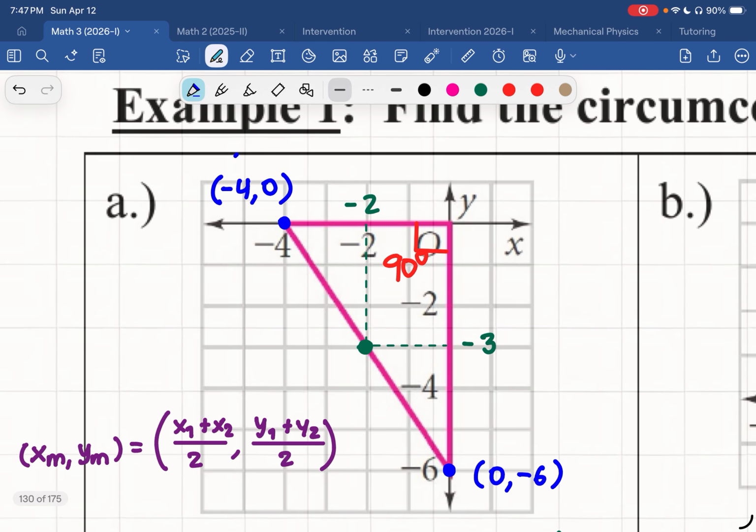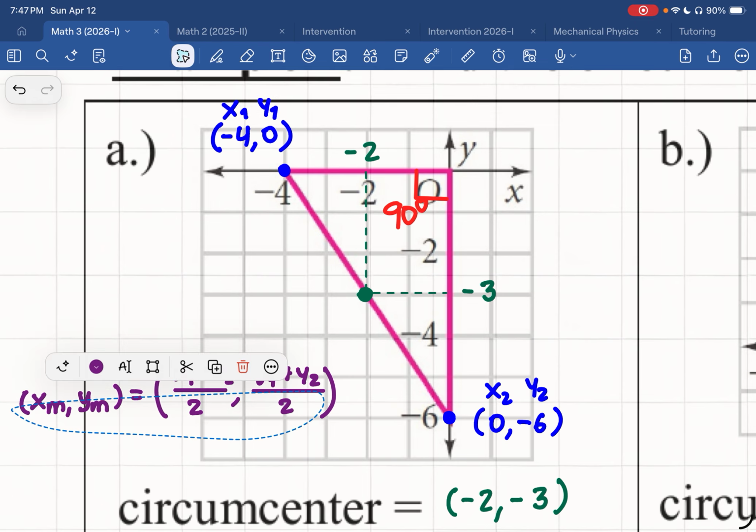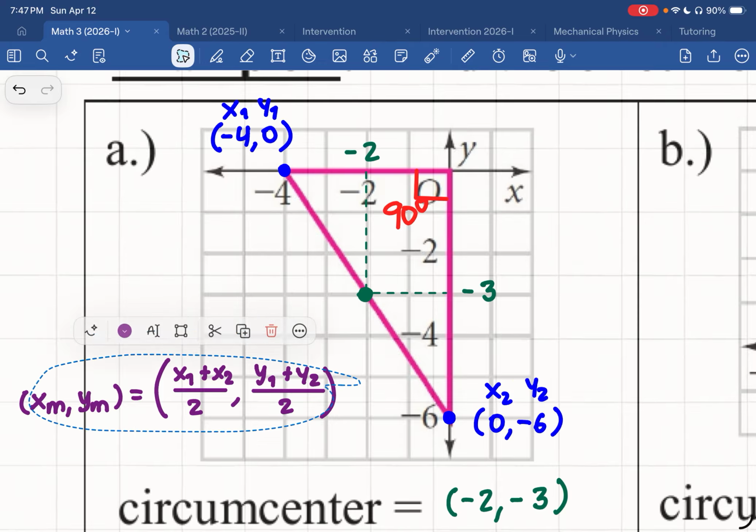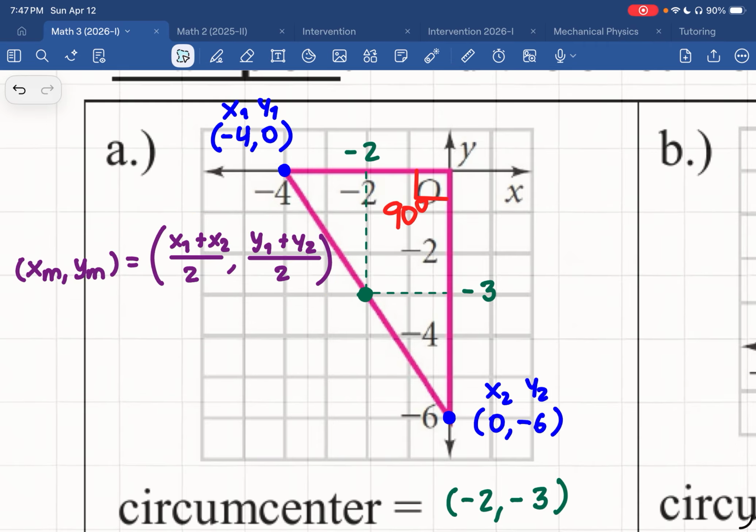So, as I said, I'm going to call this one x1, y1, and this one is going to be x2, y2. What we're going to do is just substitute. So, hold on. I'm just going to grab the whole thing over here, right? And I'm going to start substituting.